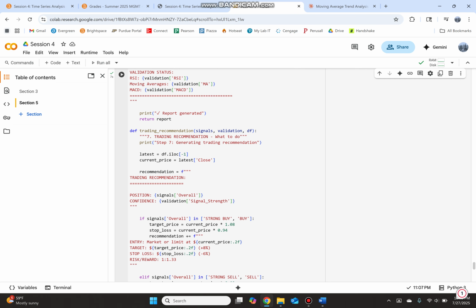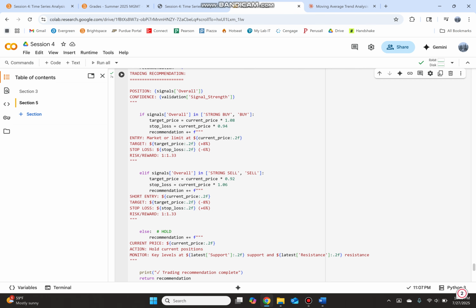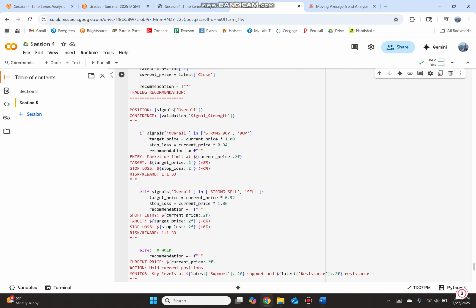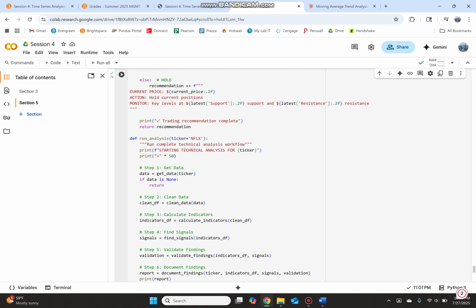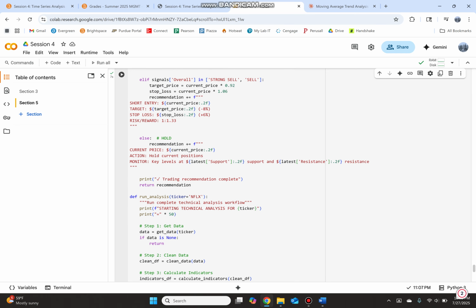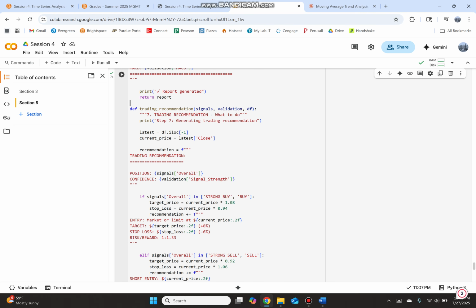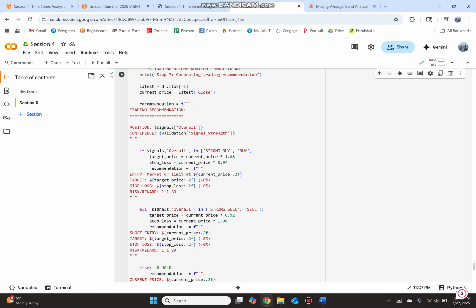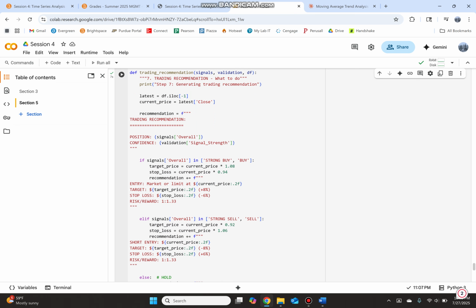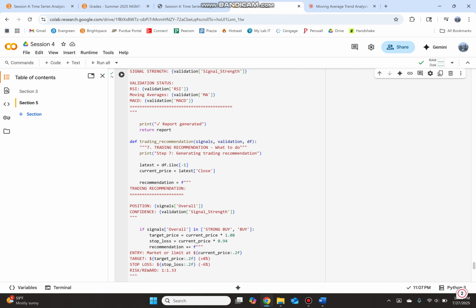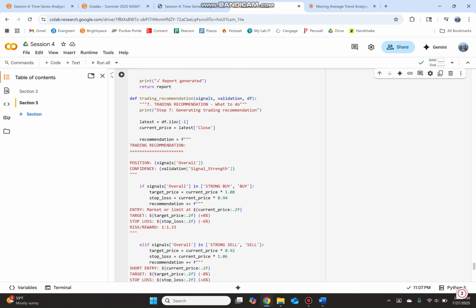And step 7, I'm so sorry, is our trading recommendation on what to do. So we have a position from our step 6 of buy, sell, strong sell, or neutral.